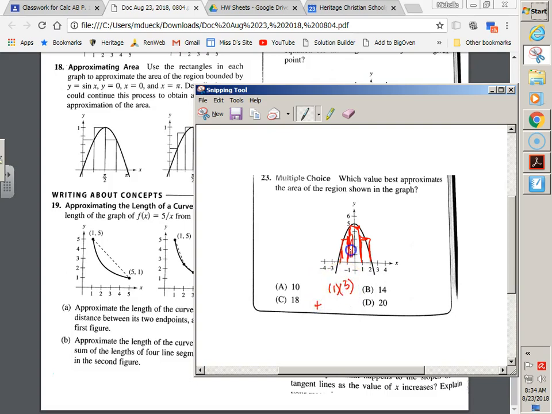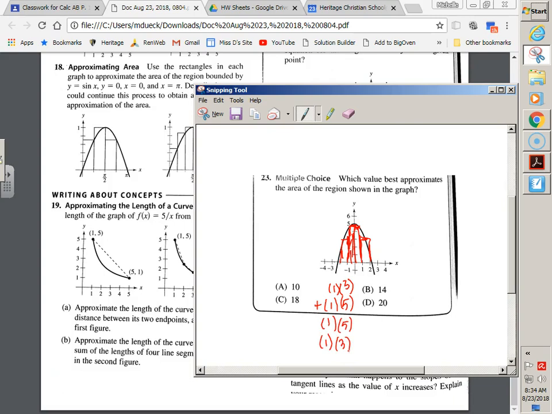This one, I guess you could have split this into 2. Base of 1 and a height of 5-ish or 4.5-ish. We'll just do 5 for now. It's going to be an overestimate. This one, 1 and 5-ish. And this one, 1 and 3-ish. So that would have been 16.